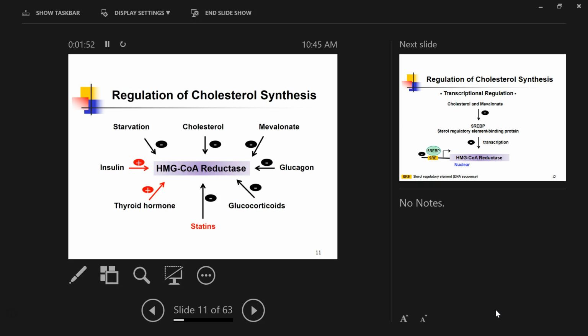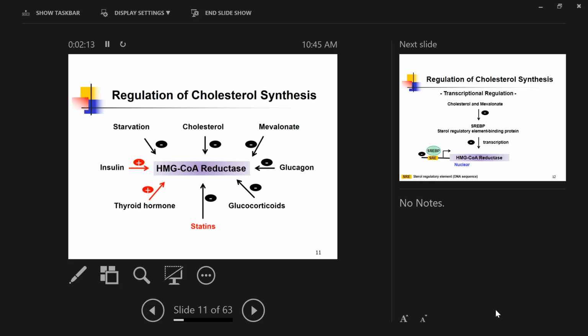But the other type of nutritional status, for example, starvation or glucagon, the hormone related to starvation, will inhibit cholesterol synthesis or inhibit HMG-CoA reductase.